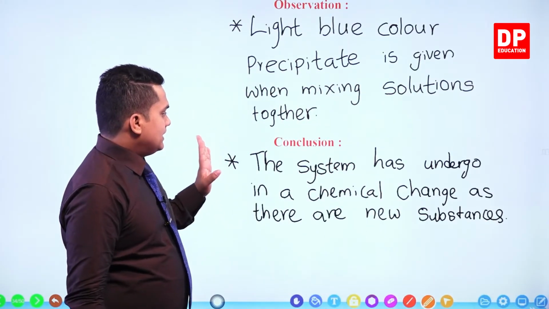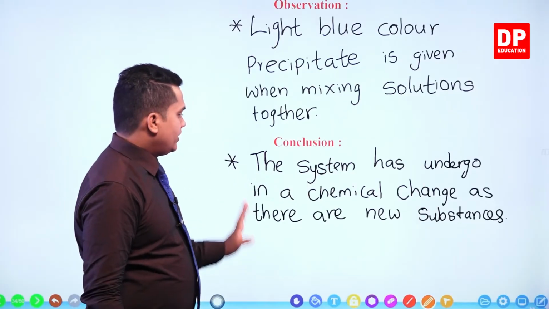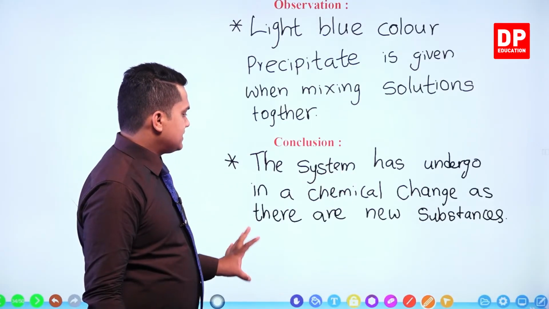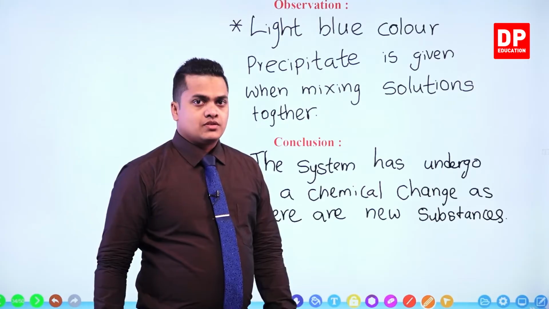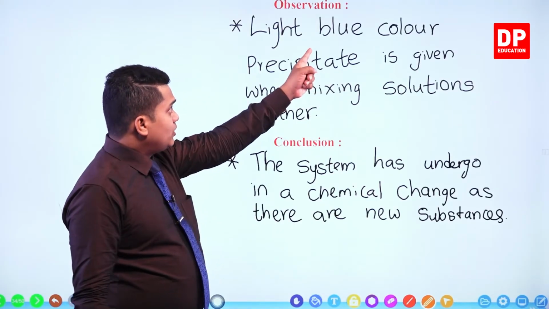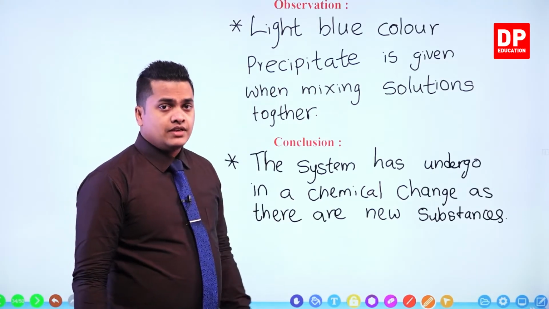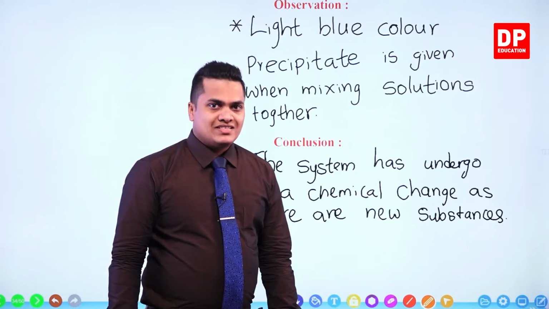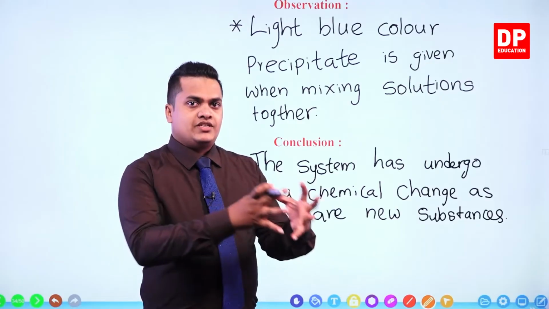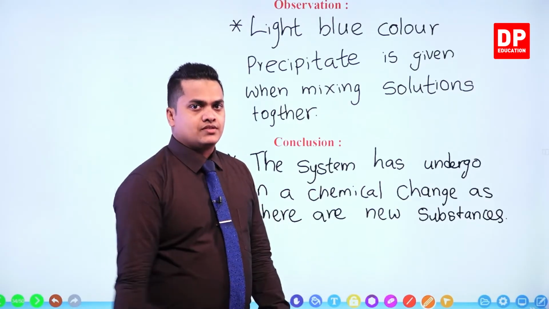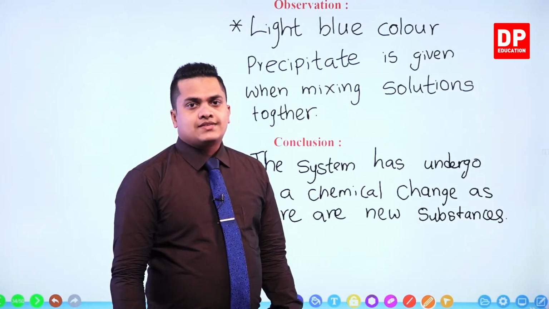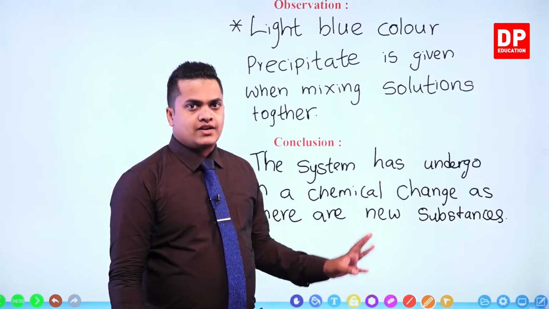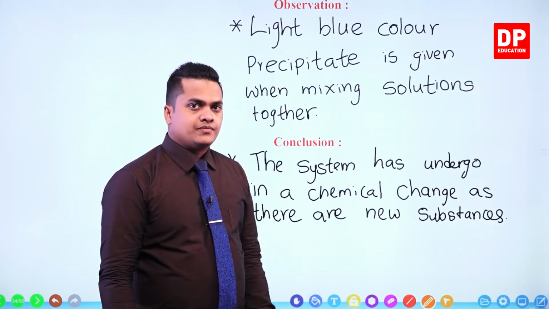Right, so the system has undergone a chemical change as there are new substances. So what is the new substance? That blue color precipitate is our new substance. We mix two liquids together, and when we are mixing these two liquids, a precipitate comes. So it's a new substance. Thereby we can say that this system has undergone a chemical change.